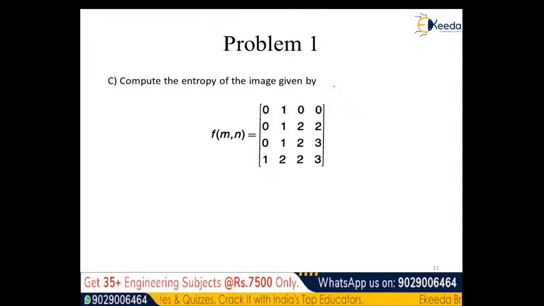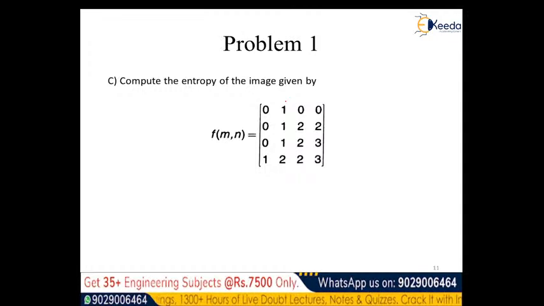If the entropy of the image sample is at the highest value, we can say that the given image is rich in information. Now, for the computation of this entropy, let us count what gray levels are provided in the image f of m comma n. In the first row we have 0 1 0 0.